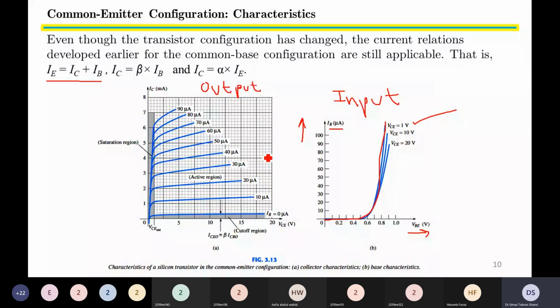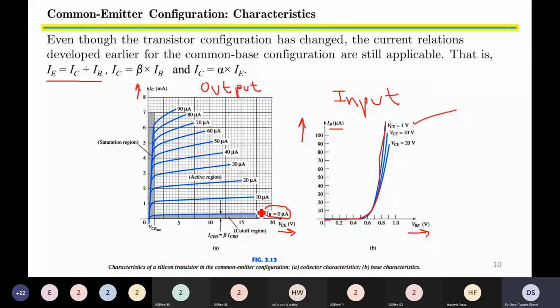It is a graph between collector emitter voltage, VCE, on the x-axis, and the collector current on the y-axis. And we get a variety of characteristics by changing the value of base current.